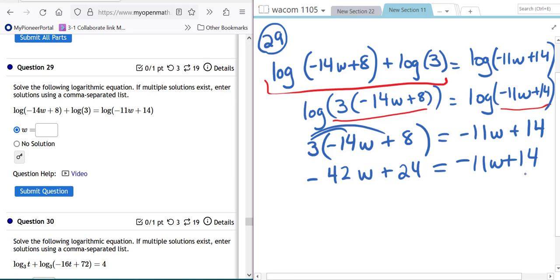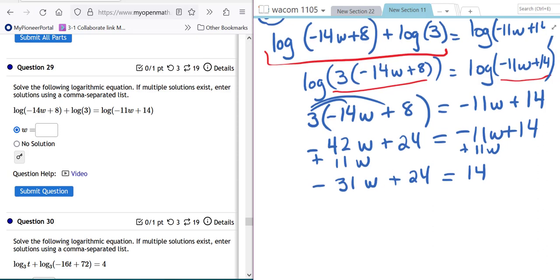We need to get rid of a W term. So I'm going to get rid of this 11W. And that gives me negative 31W plus 24 equals 14. And now I need to isolate the W. So I'm going to get rid of the 24. I'll subtract it from both sides.